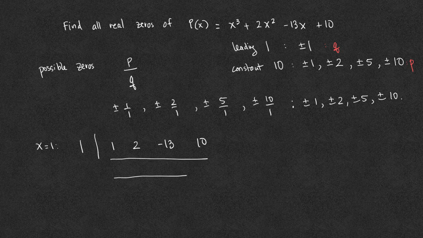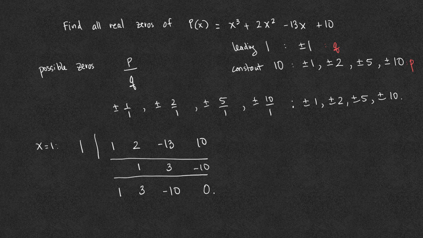Bring down 1. 1 times 1 is 1, 2 plus 1 is 3, 3 times 1 is 3, negative 13 plus 3 is negative 10, negative 10 times 1 is negative 10, 10 plus negative 10 is 0. So yes, x equals 1 is a zero of the polynomial.